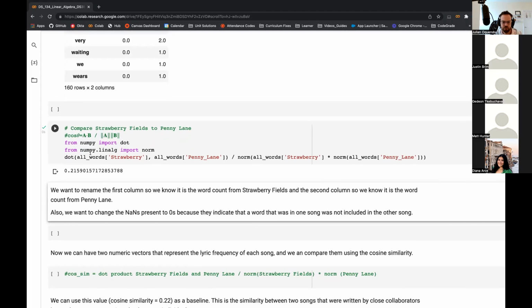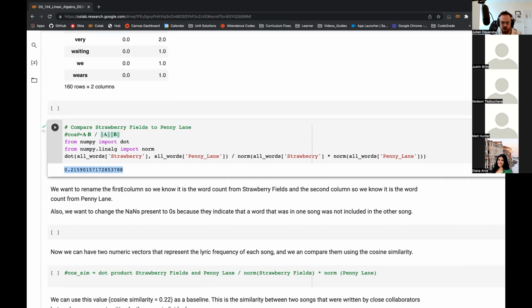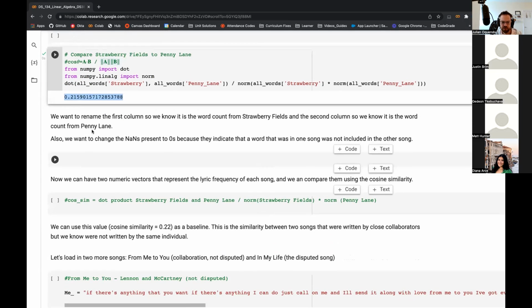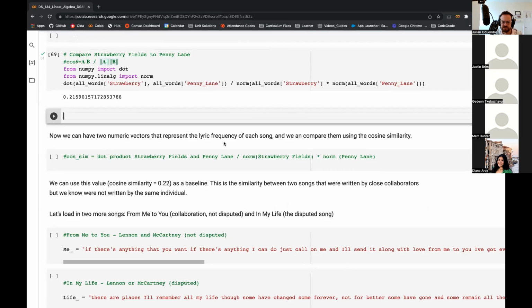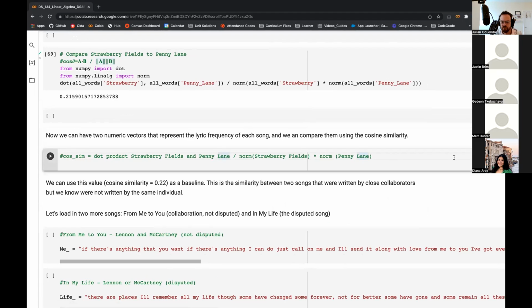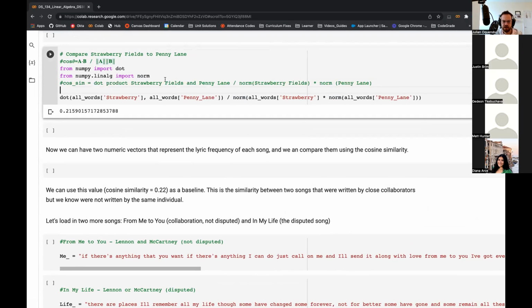So when we've compared Strawberry Fields to Penny Lane, what we return is a cosine similarity of 0.21. Ooh, okay, I got ahead of myself as far as the instruction. So I'll take this comment out and bring that in here for us. Here we go.